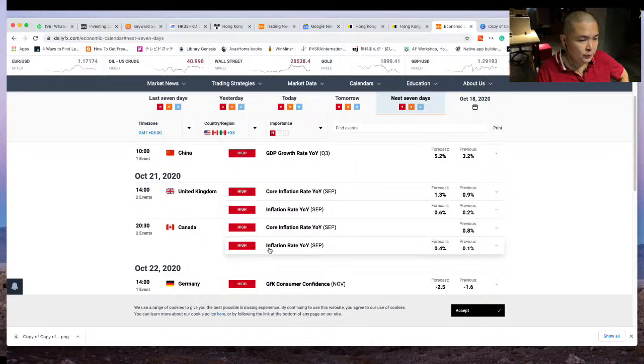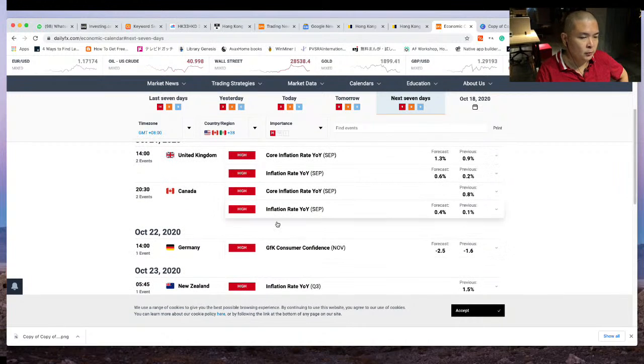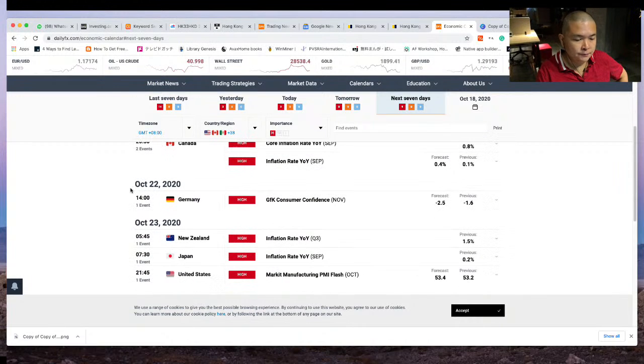We're going to have two pieces of red news, core inflation rate, more or less the same thing on October 22nd in Germany, the consumer confidence index. Then once again on October 23rd in New Zealand, Japan and the United States, we have three pieces of red news: the inflation rate for both New Zealand and Japan, and the manufacturing PMI flash for the United States.